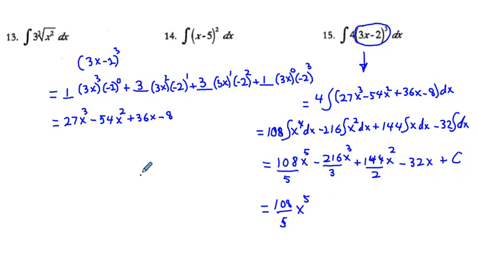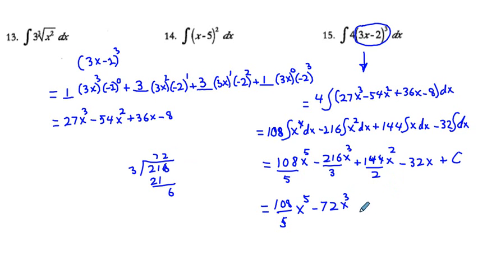And next we have 216 divided by 3. And that pen is glitchy on me. So we're going to get 7 here. 7 times 3 is 21. Bring down the 6. So that'll be 2. So we're going to get 72. So minus 72x cubed.